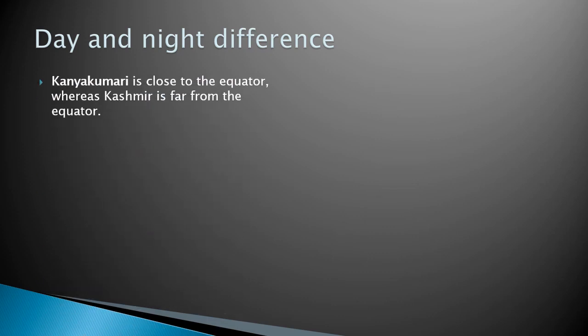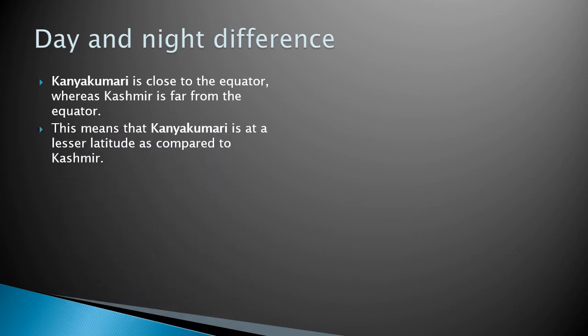They occur between two places, Kanyakumari and Kashmir, where Kanyakumari nearly does not feel the difference between day and night, whereas Kashmir can easily make out the difference. Why does this happen? Because Kanyakumari is close to the equator, whereas Kashmir is far from the equator. This means that Kanyakumari is at a lesser latitude as compared to Kashmir.